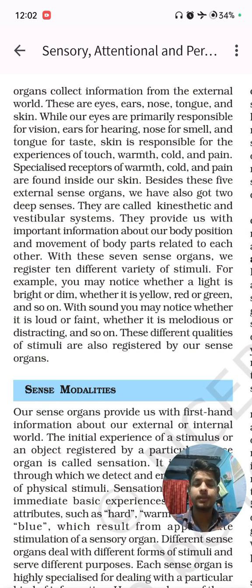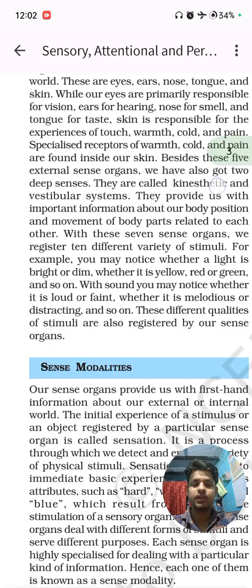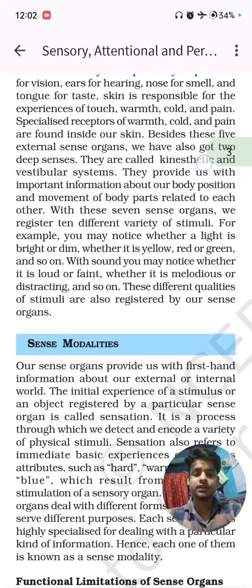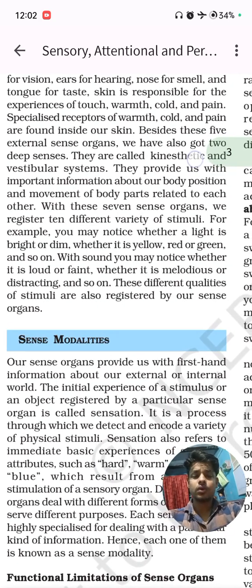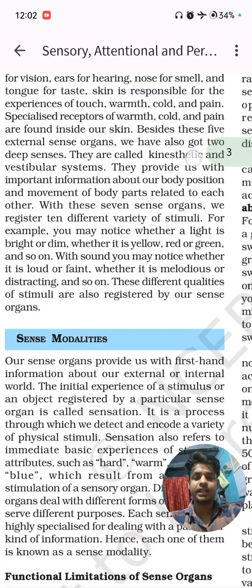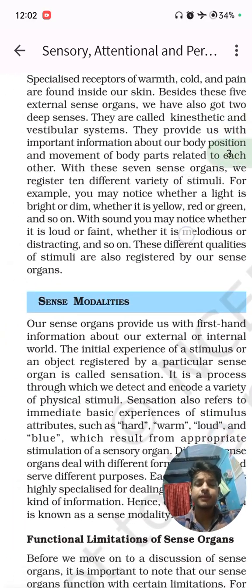For example, you may notice whether a light is bright or dim, whether it is yellow or red, green, and so on. With sound, you may notice whether it is loud or faint, whether it is melodious or distracting, and so on. These different qualities of stimuli are also registered by our senses.